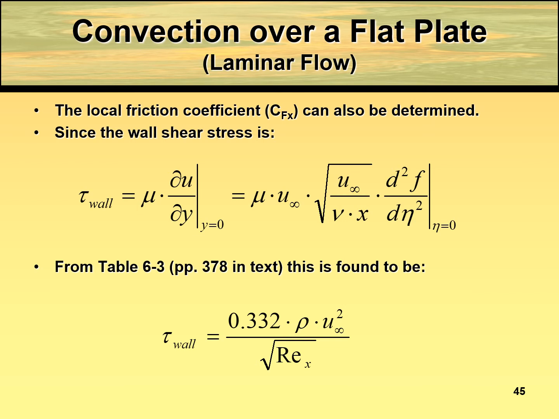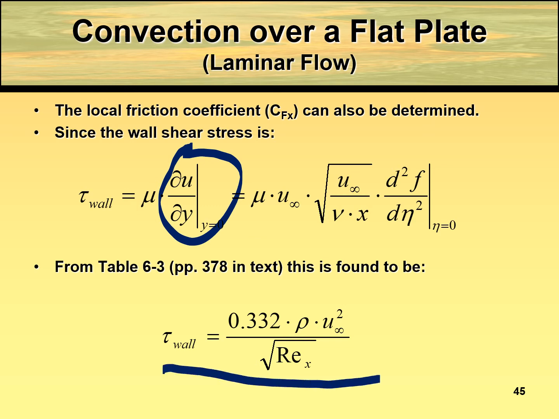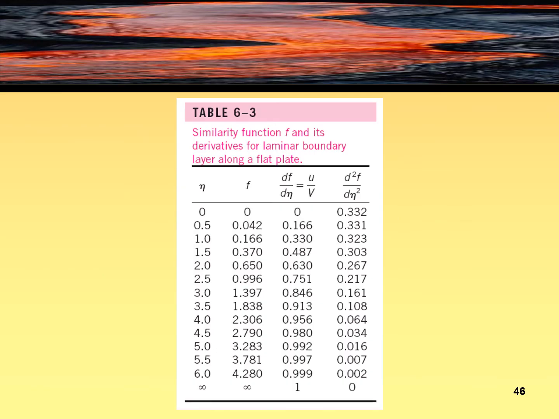So the local friction coefficient, sorry, for laminar flow can also be determined from the wall shear stress, where the wall shear stress is given by the dynamic viscosity times the gradient of u over dy. The wall shear stress is given by this equation.